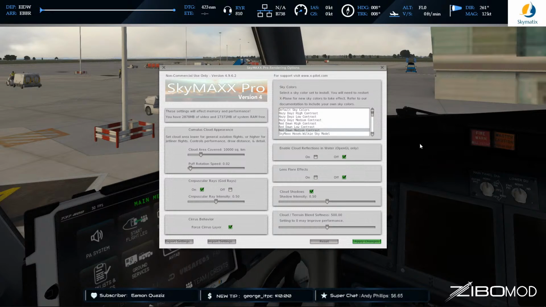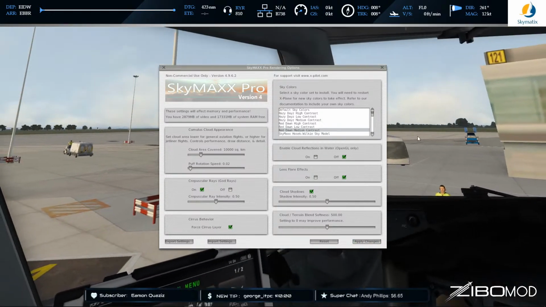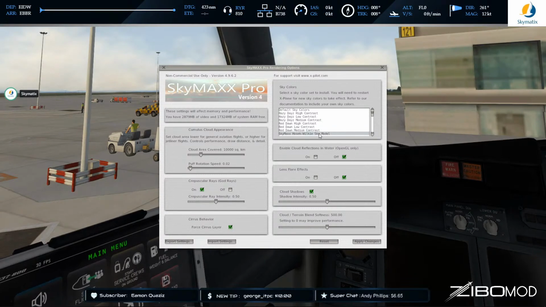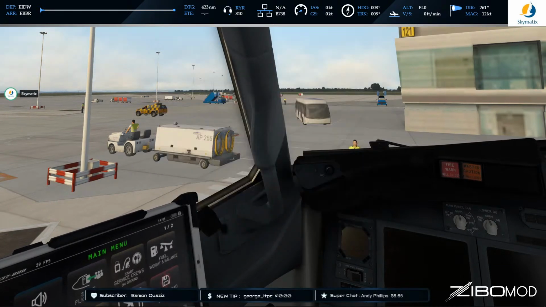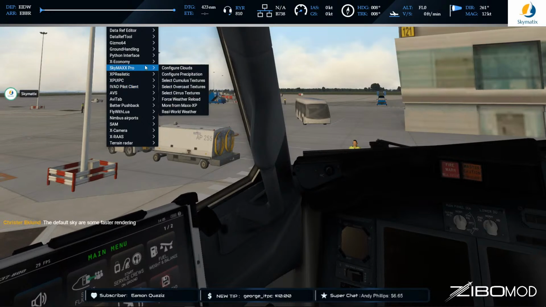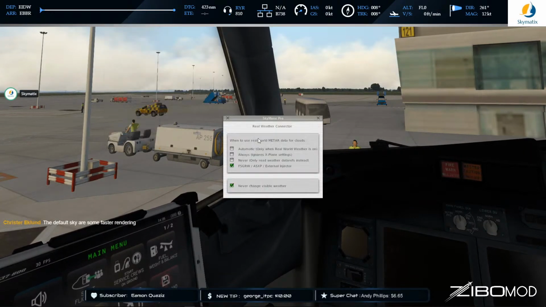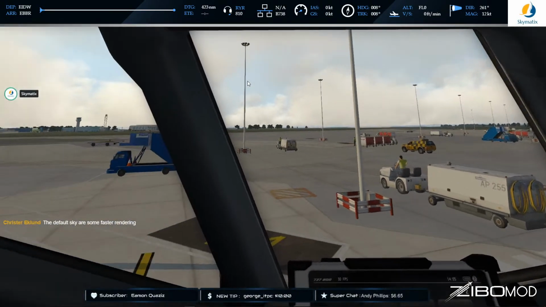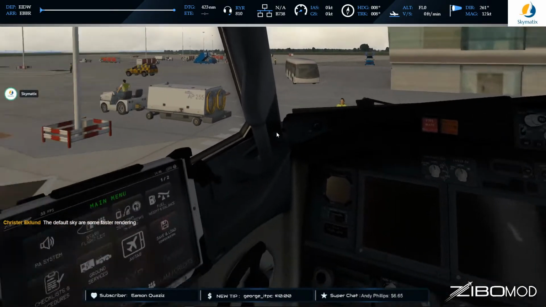Change. Yeah, there we go. Now we know we are actually on SkyMax Pro clouds. And then I just want to check the real weather connector is actually doing what it's expected to do. Real world weather. Yeah, that's all set up correctly.